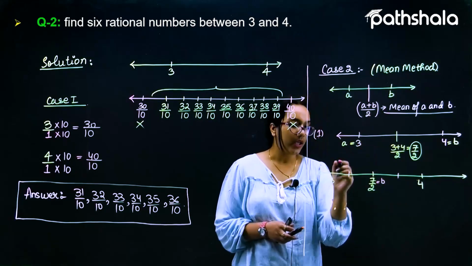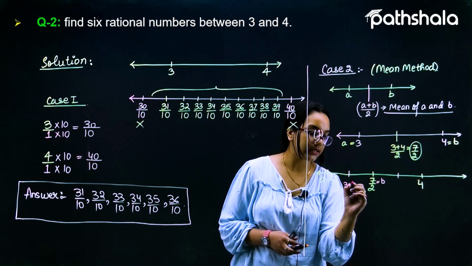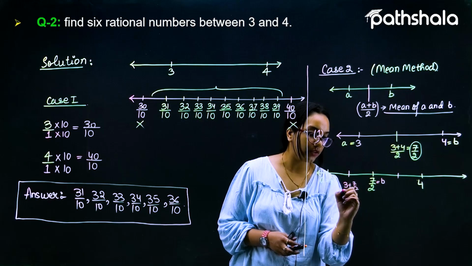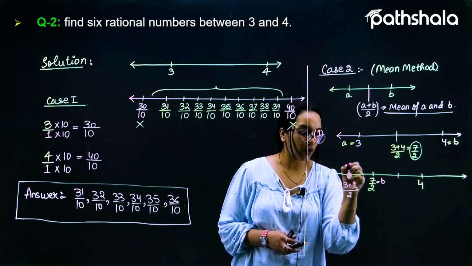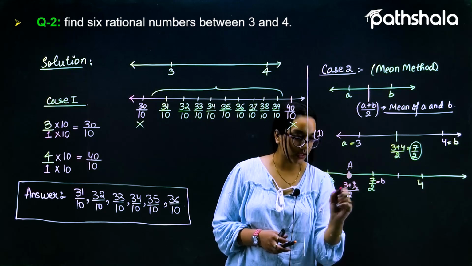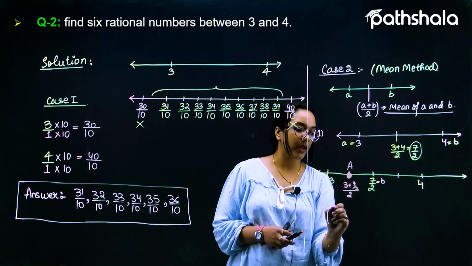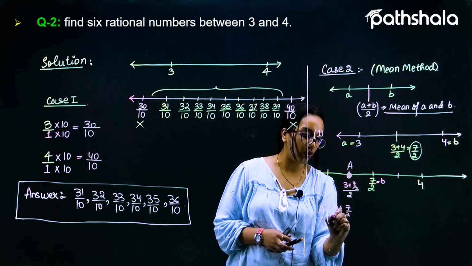It means this number is 3 plus 7 by 2 whole divided by 2. I'm calling it A and solving it: A is 3 plus 7 by 2 whole divided by 2.